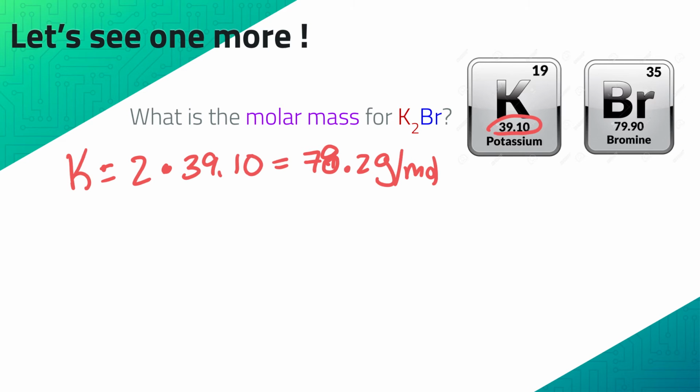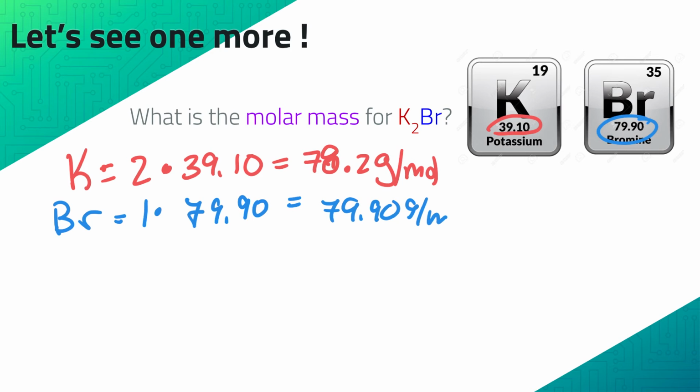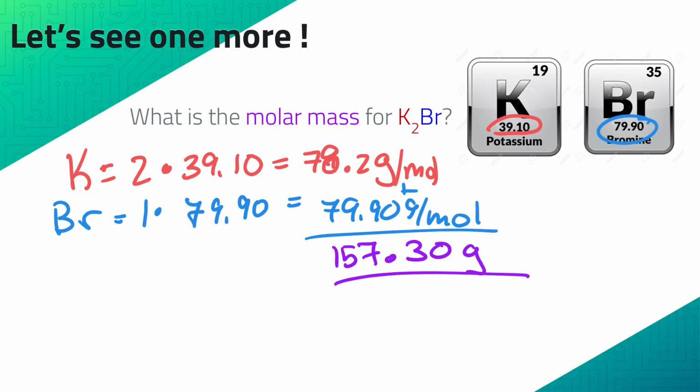Then for bromine, there's one bromine atom, and bromine's atomic mass is 79.90, so 1 times 79.90 equals 79.90. Then we add them together to get 157.30 grams per 1 mole as our answer.